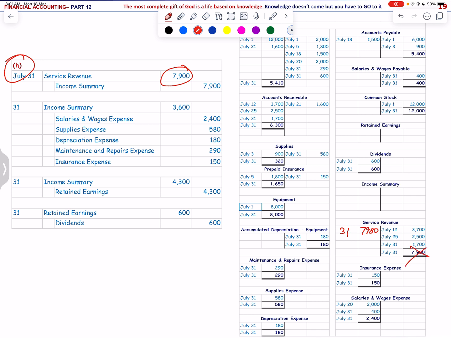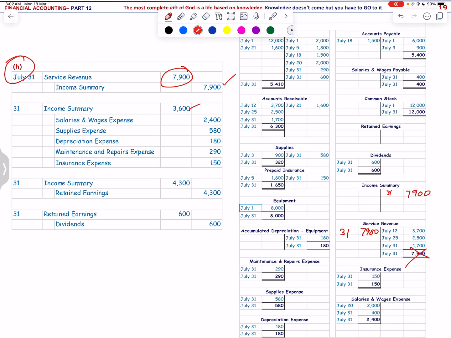So income summary we have over here, and that is credited by 7,900, and now income summary is debited by 3,600. Then we have closed all the expenses, salaries and wages expense, that is 2,400. And once we credit salaries and wages expense, the balance becomes 0 now.